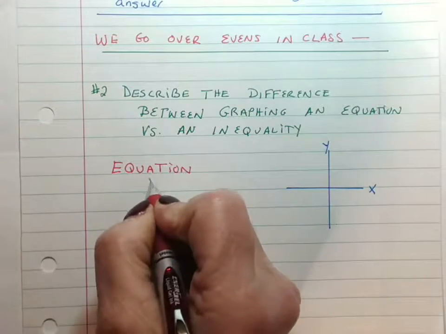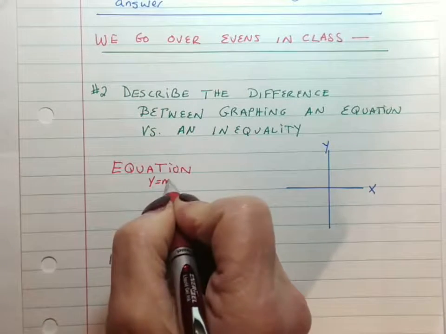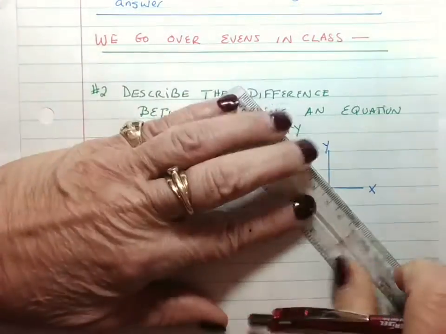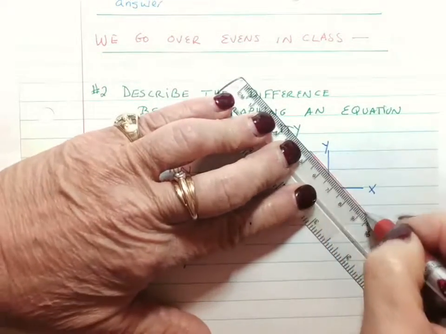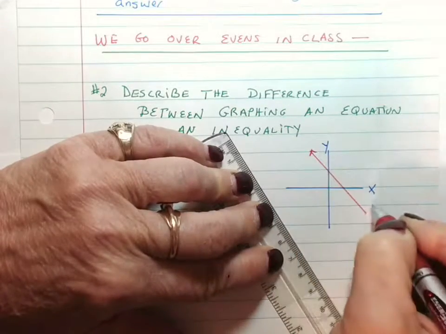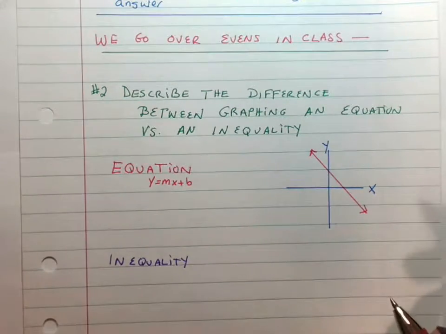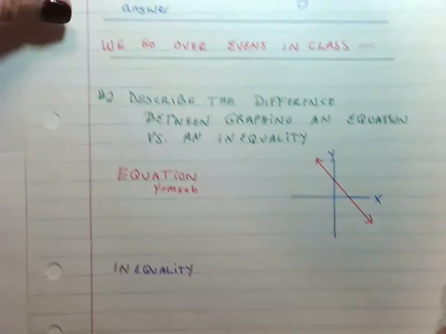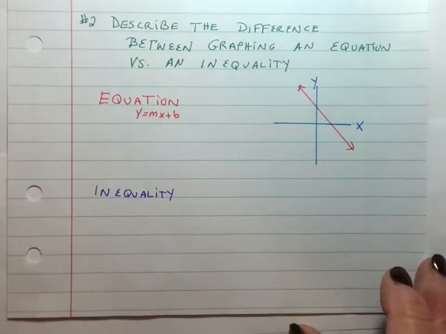So our equations are y equals mx plus b typically, and it's simply a line. That's an equation. An inequality is slightly different, a little bit more work.